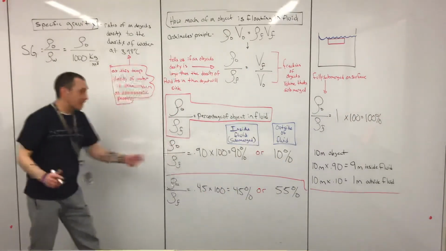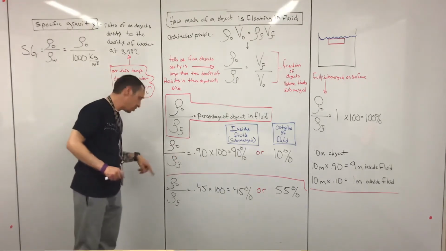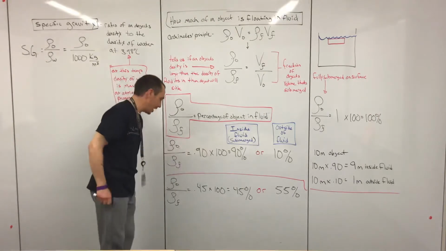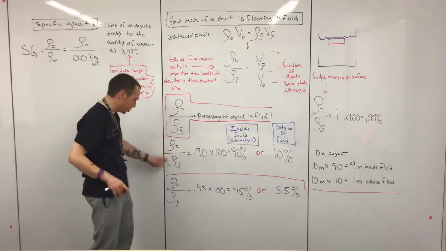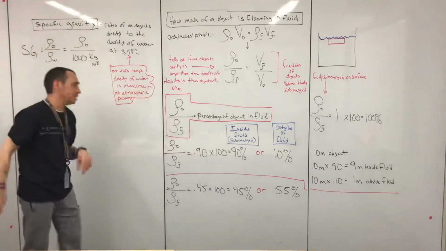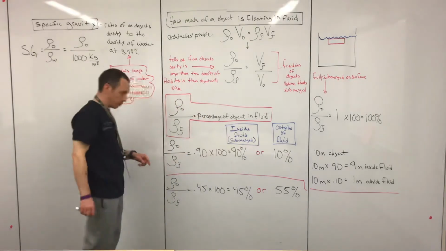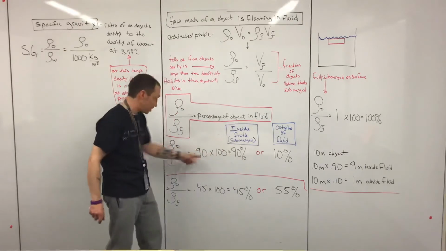So I just gave a couple examples here so that you can see what to do. For this first one, let's say that we have a ratio that gets us 0.9, the density of the object to the density of the fluid. We put it in our calculator, we just divide those two numbers, and we get 0.90. When we multiply that by 100, we get a percentage, and that percentage tells us how much of the object is inside the fluid.